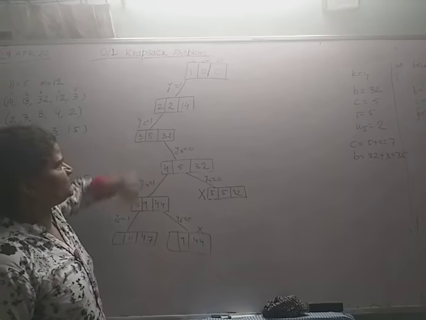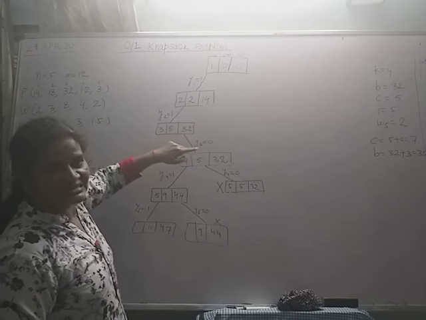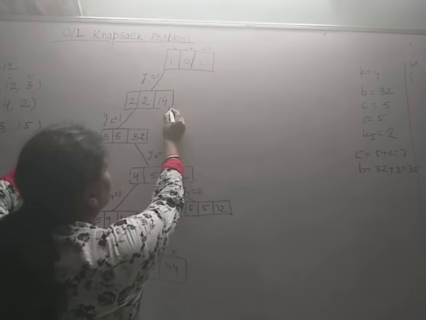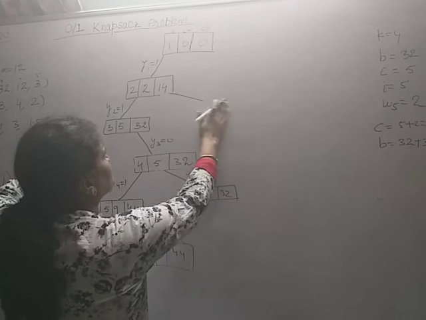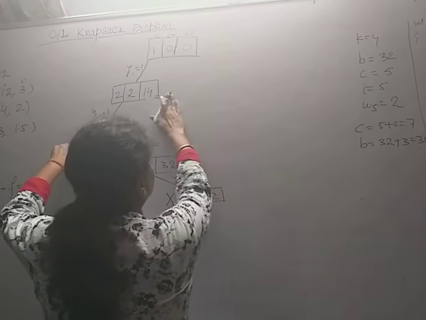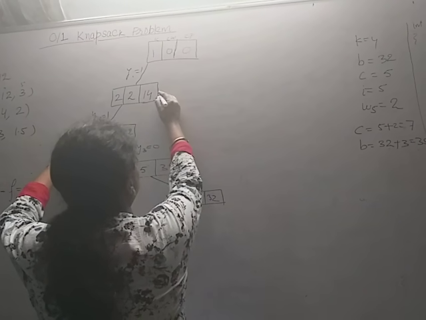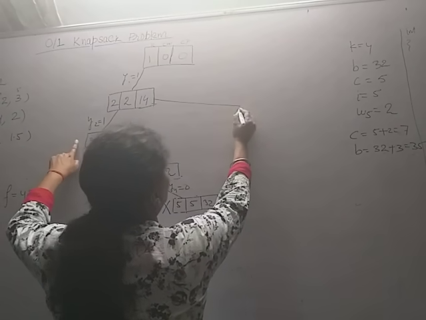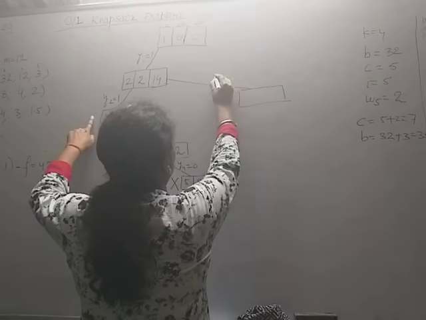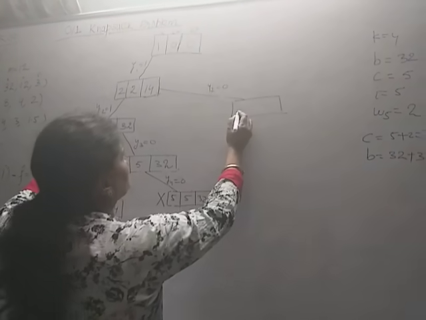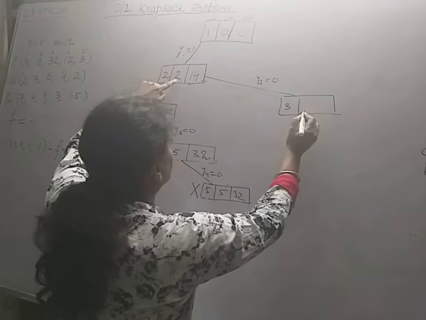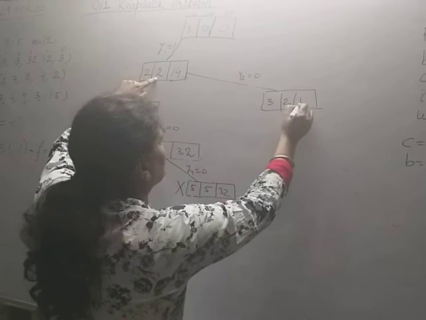Now come to this point. Here again we check the same, y2 equal to 0. This is the third, and simply 2 and 14.